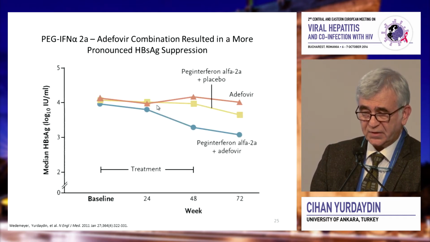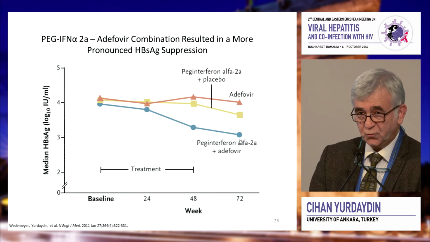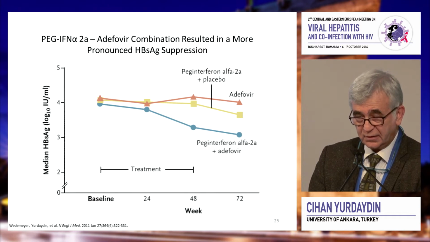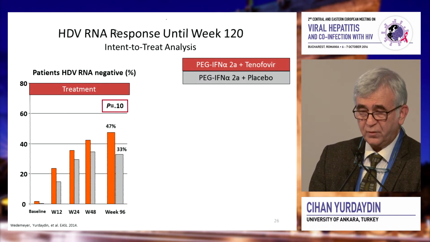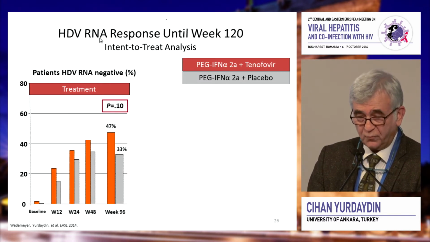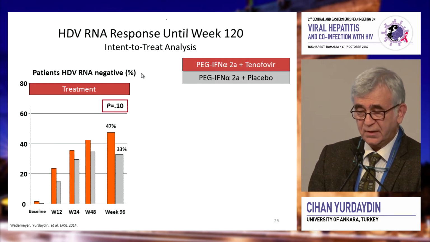In this study, interestingly, combination treatment led to a significantly higher decline in surface antigen levels. Therefore, pegylated interferon plus tenofovir combination treatment was compared in another study, with more or less the same centers, to pegylated interferon plus placebo.